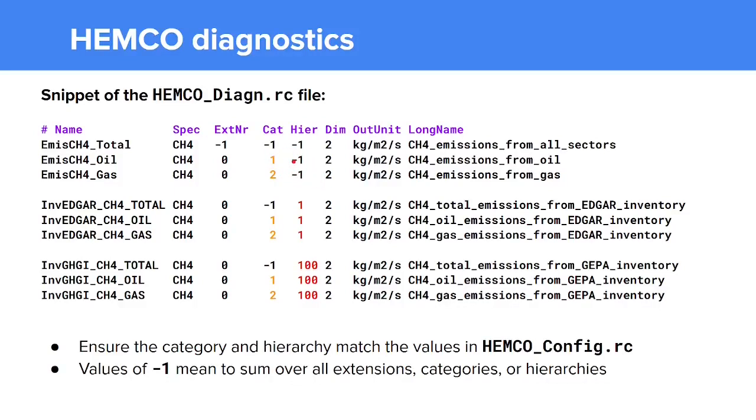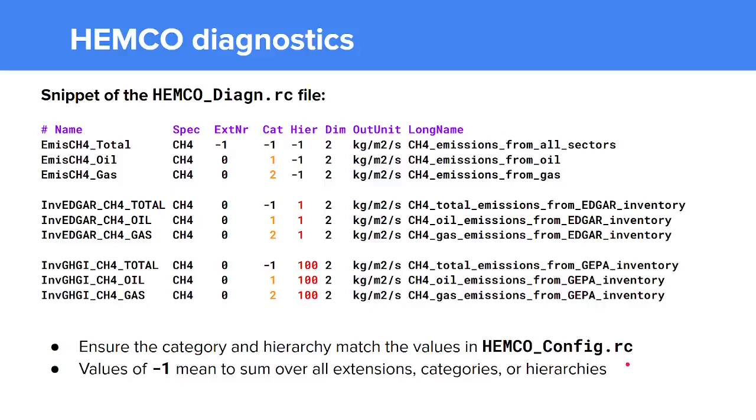That means not only the global, but also regional inventories. So as I said, values of -1 will sum over all extensions or categories or hierarchies. And you should cross-check with the category and hierarchy in the HEMCO_Config.rc file, because the categories and hierarchies that you list here should match what you have in the HEMCO_Config.rc file for specific diagnostics.